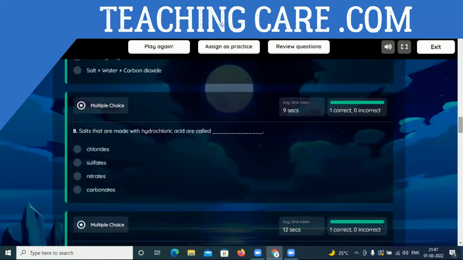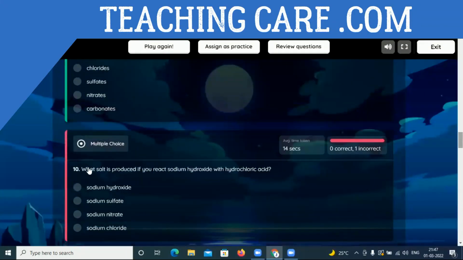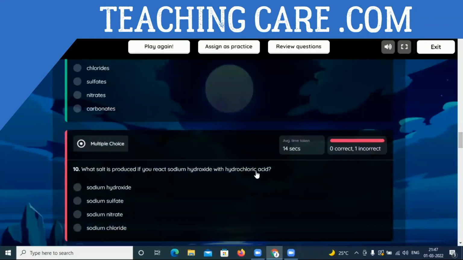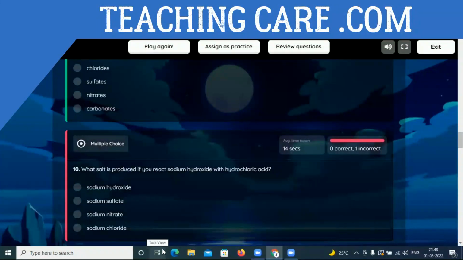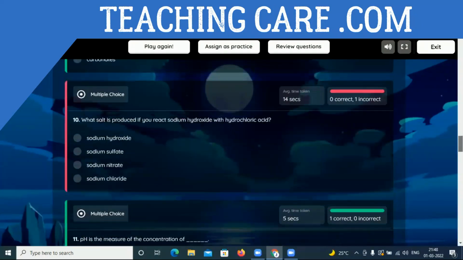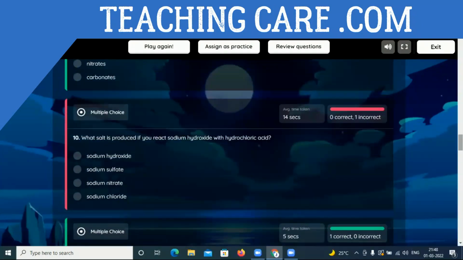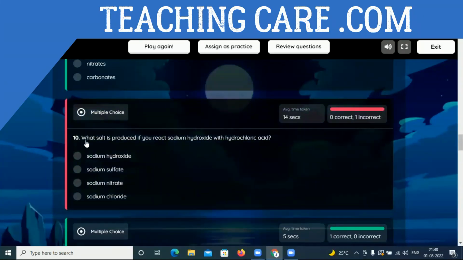Question number 10 says, what salt will... What have you marked here, the answer? Wait, is it the same order? What does 10 say for you? Pardon? You said something about a salt for question 10. For me, question 10 is which of the following is the correct definition for a strong acid? Is it the same for you?